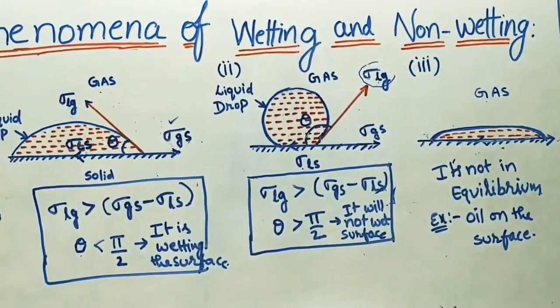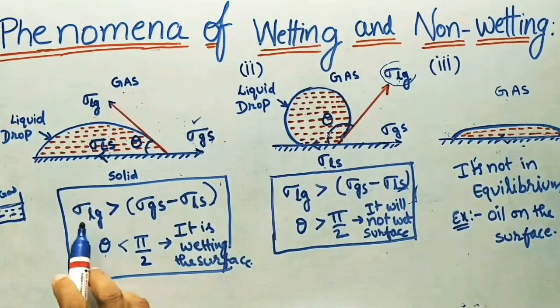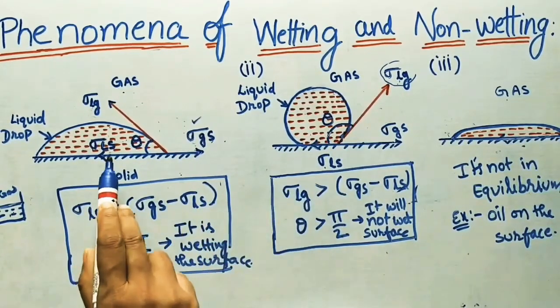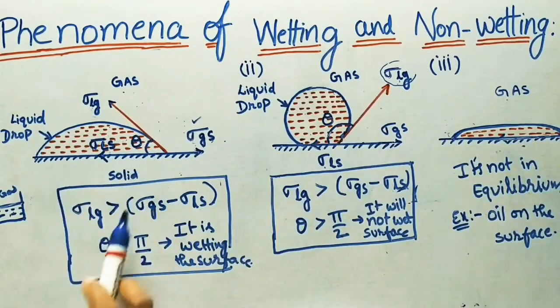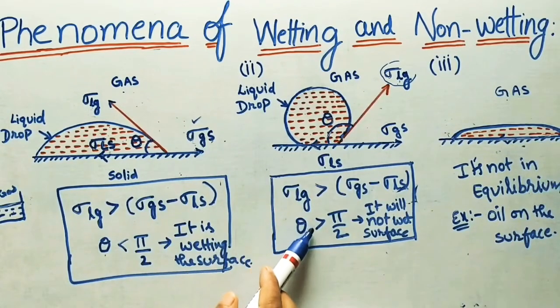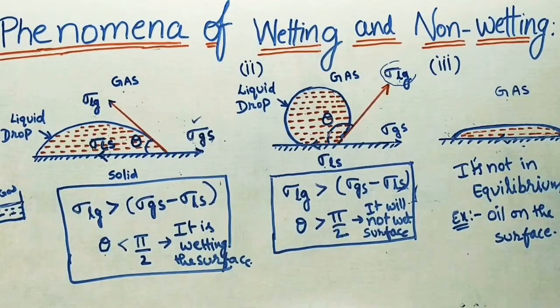So these three are the cases we are taking for studying wetting and non-wetting phenomena. For equilibrium, you have to remember this. These two are the same for equilibrium of the liquid drop, either in this shape or in this shape. For wetting, the angle should be less than 90. For non-wetting, the angle should be greater than 90.